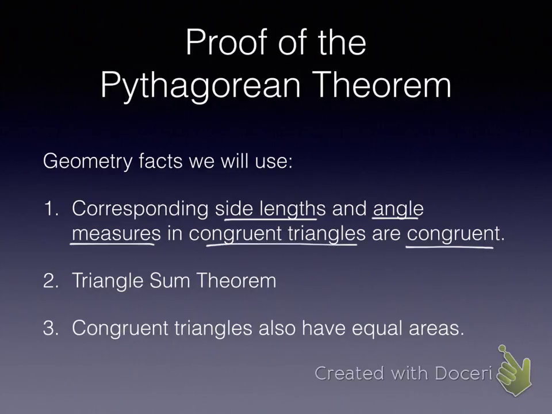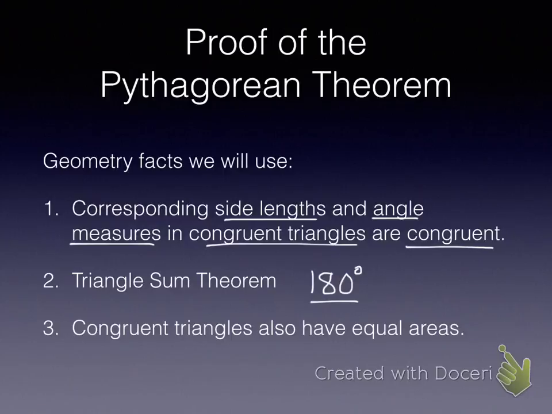So if I have two triangles that are congruent, the side lengths are going to be the same measure, the angles are going to be the same measure. And we know that from the rigid motions, right? Congruent triangles can be mapped onto one another.